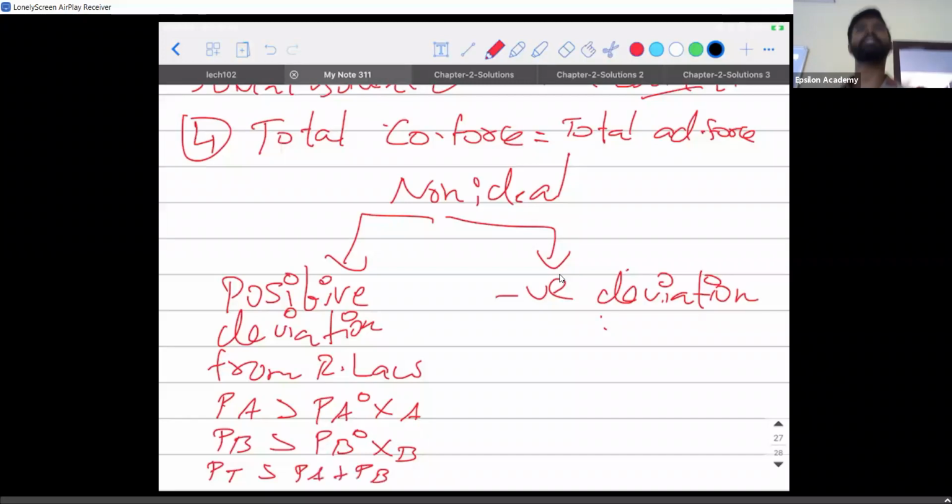These three are the conditions, and you can even include del H. So del H mix is greater than 0, del V mix is greater than 0. So you see, all are greater symbols. If all are greater symbols, then I go for positive deviation from Raoult's law.